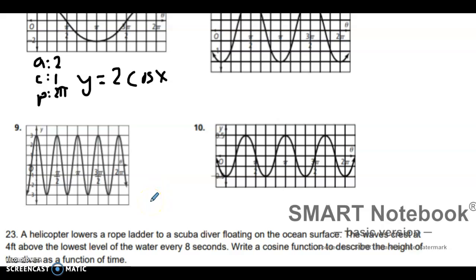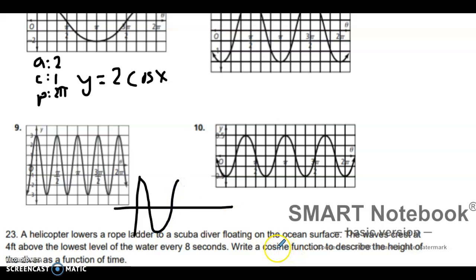Last one. A helicopter lowers a rope ladder to a scuba diver floating in the ocean surface. I just thought I'd get you started out by drawing a picture, because there might be some confusion on what the picture might look like. So it says that it goes 4 feet above the lowest level of the water every 8 seconds. So if we start up here, and it goes down and then comes back up again.